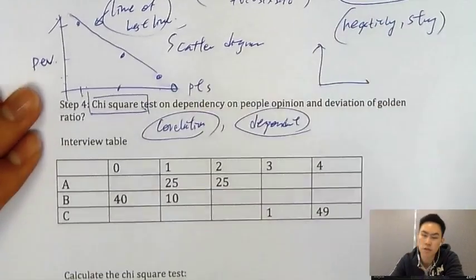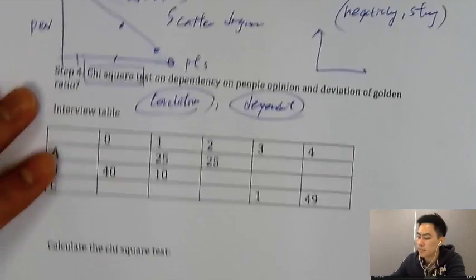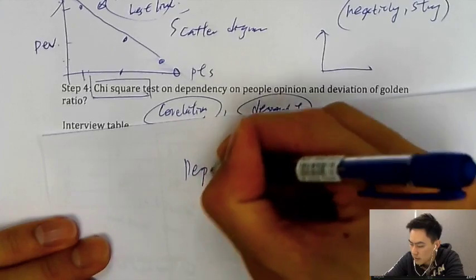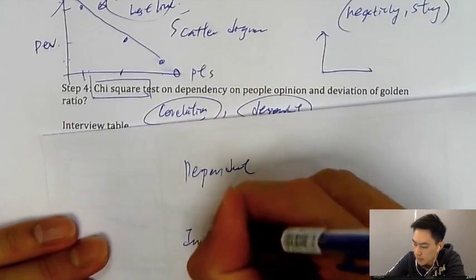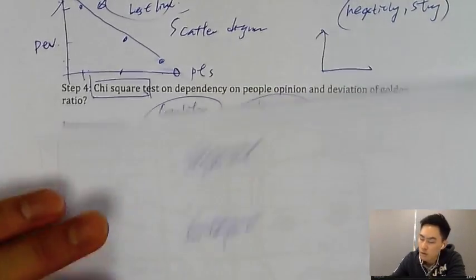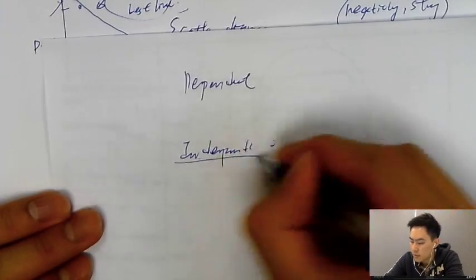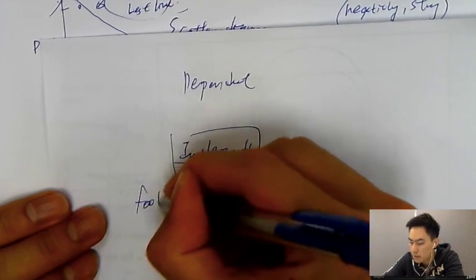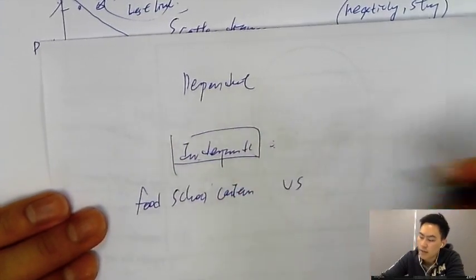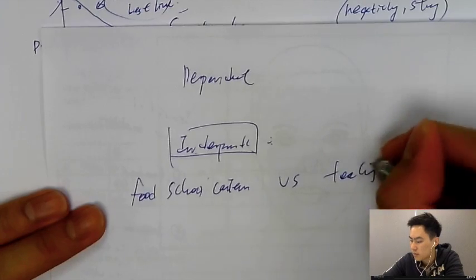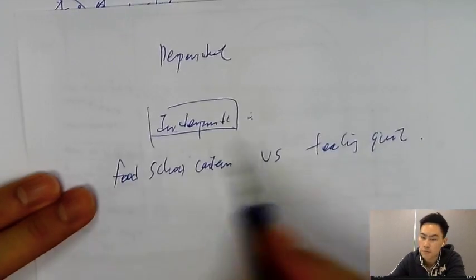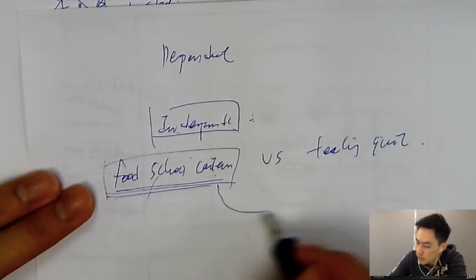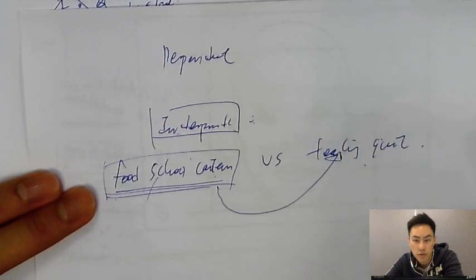So first of all, you need to understand what it means by dependency. So when I say dependent events and independent events, right? So let's say you can think of the case that is independent events, like the food in your school canteen versus the teaching quality. So obviously, if the food in your school canteen improves, it won't lead to better teaching quality, right?